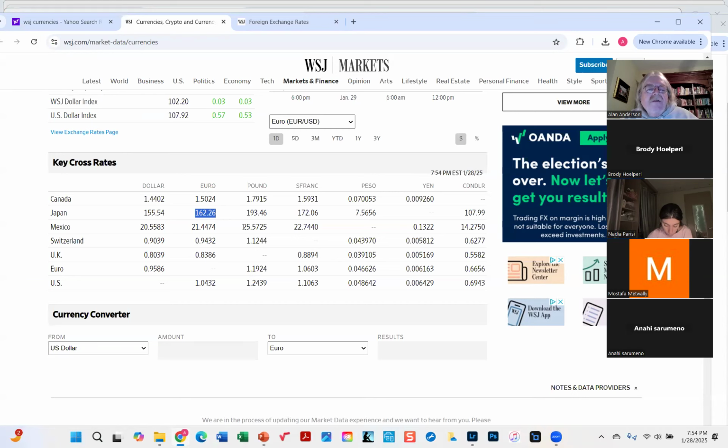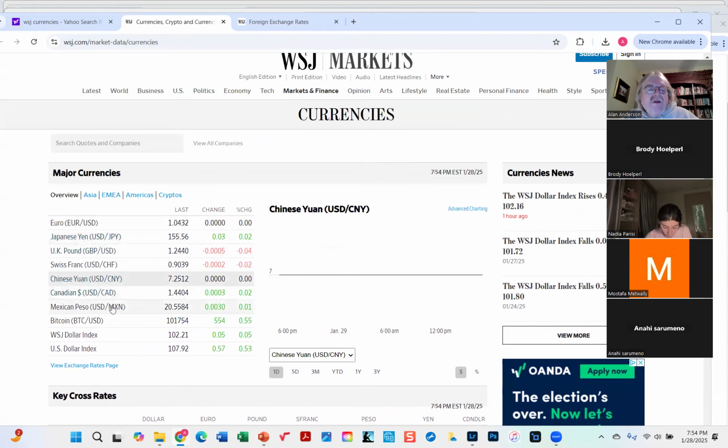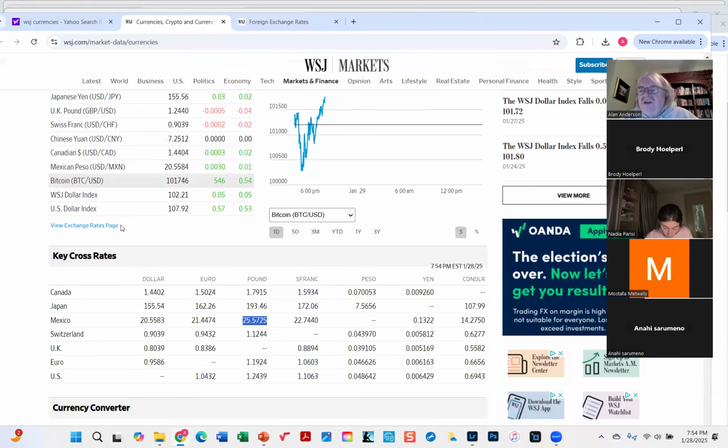It takes 25.5725 pesos to buy a pound, et cetera, et cetera. This is the Canadian dollar, by the way. So, you can look these up, you can calculate them yourself. But as long as there's no dollar mentioned in there, that's known as a cross exchange rate.